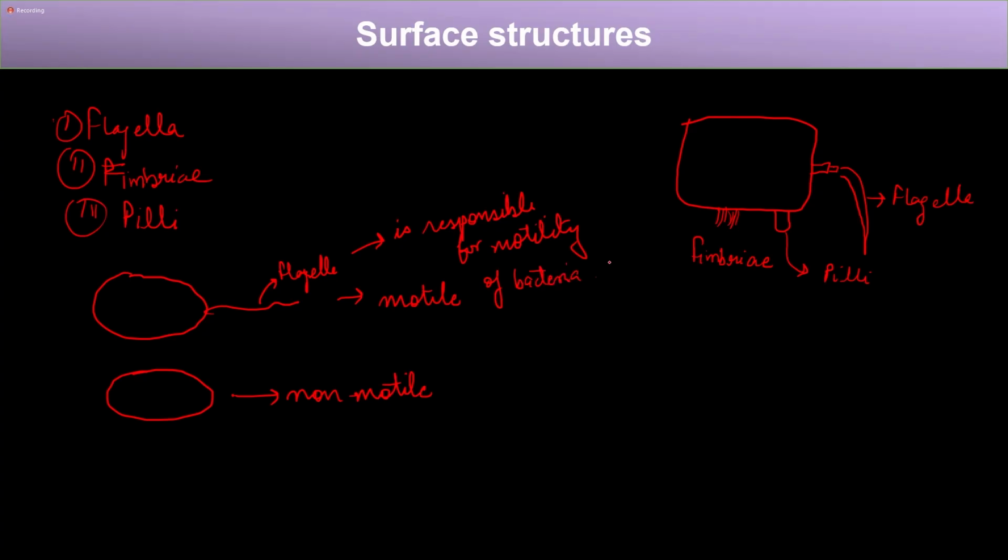Next, we will study in detail the structure of the flagella. A bacterium will have flagella something like this. But if you dissect it and see it under the microscope, its structure will look something like this.